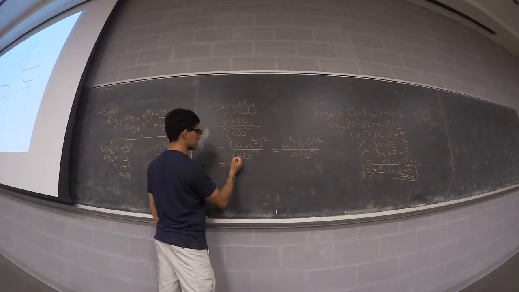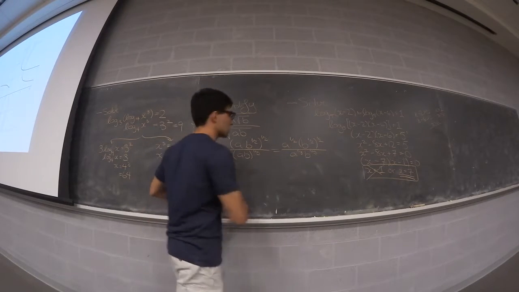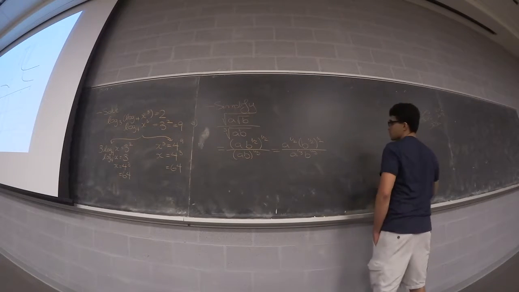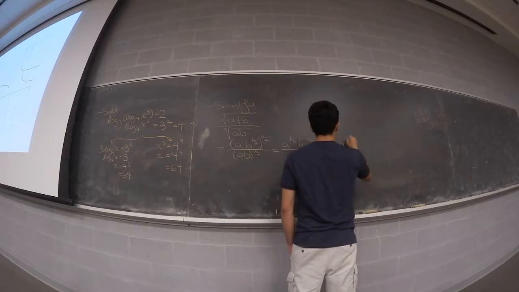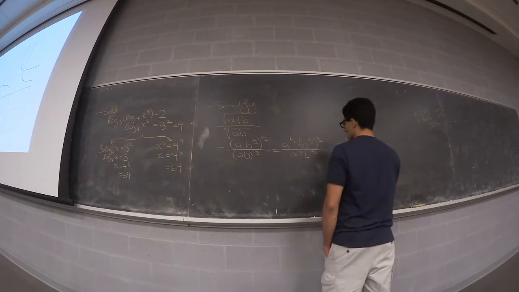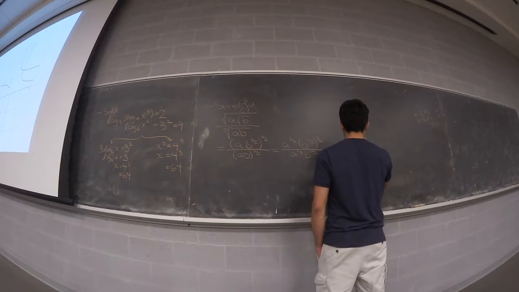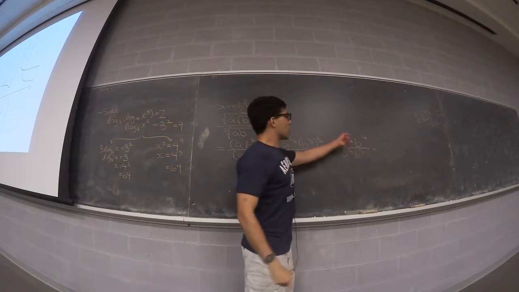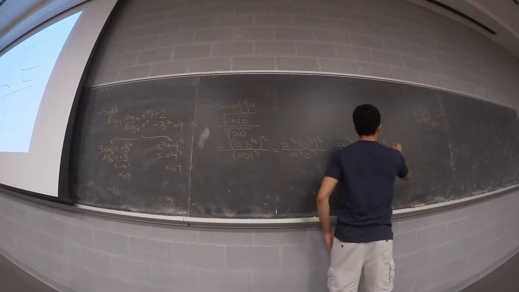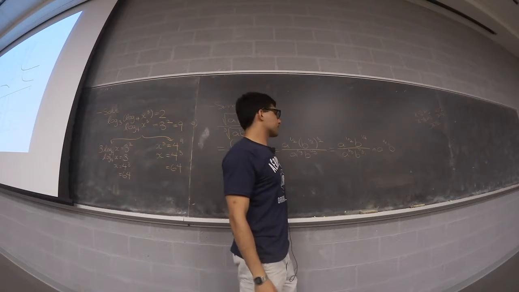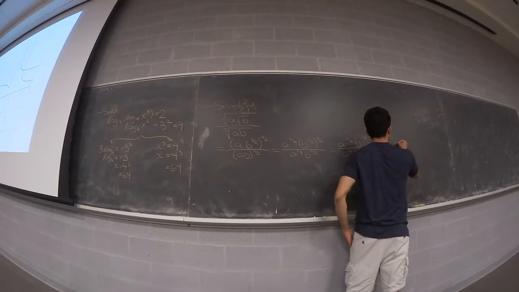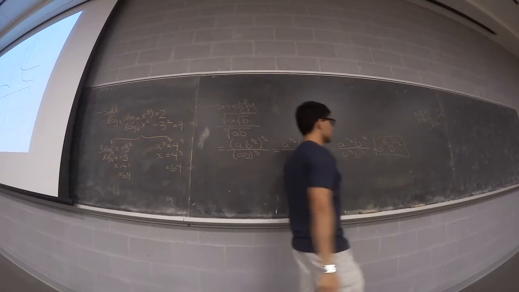So A to the 1/2, B to the 1/4, over A to the 1/3, B to the 1/3. 1/2 minus 1/3 is 1/6. One quarter minus 1/3 is minus 1/12. And that counts as simplified.